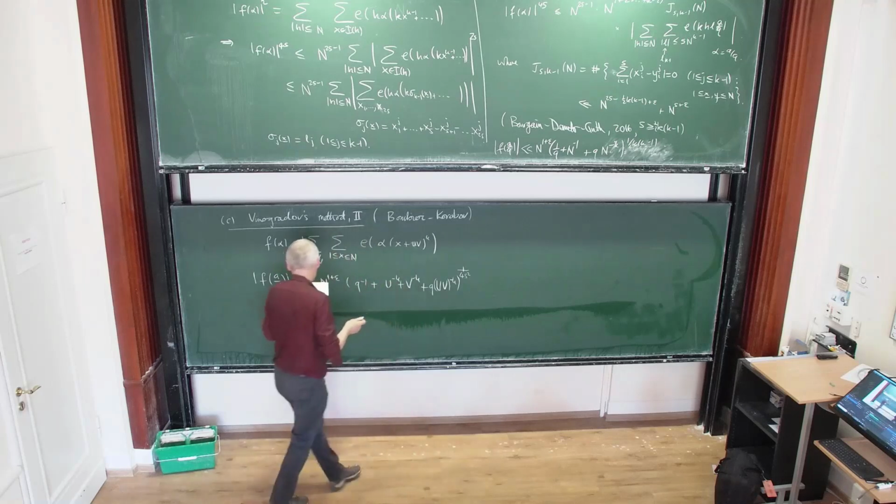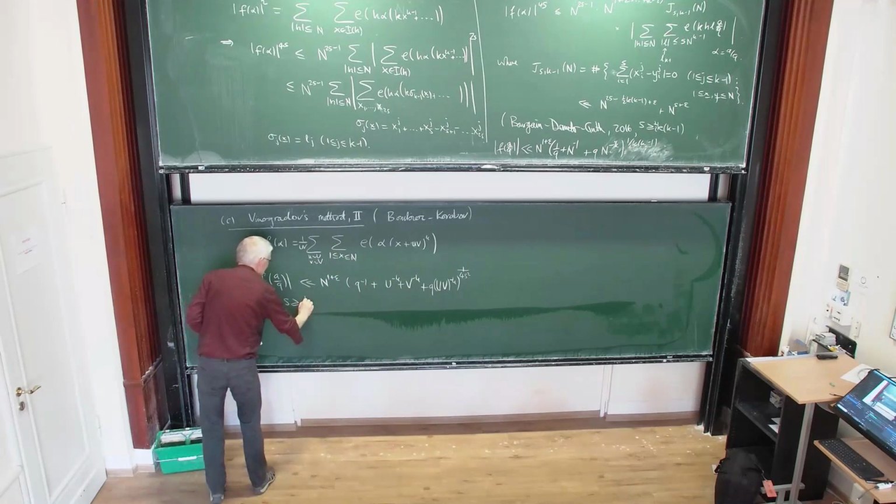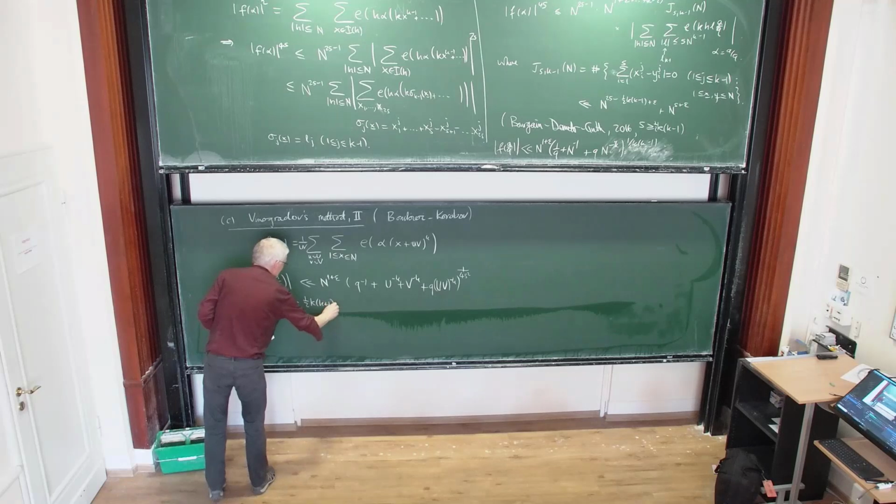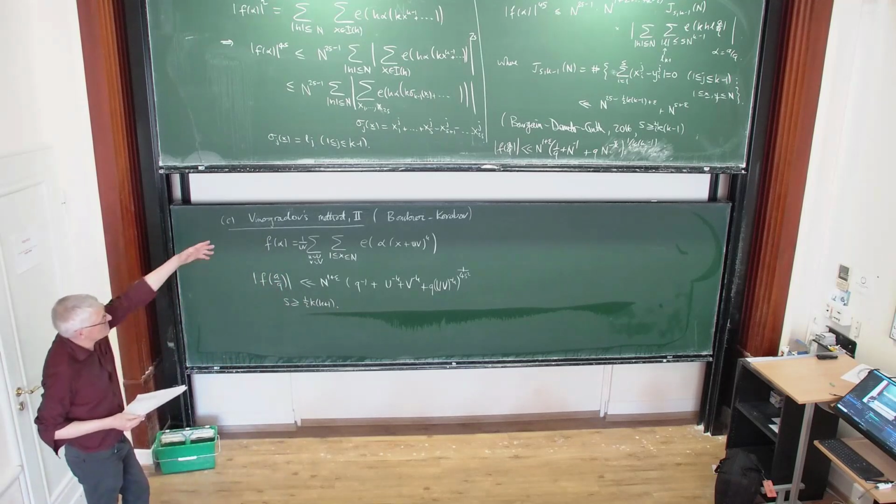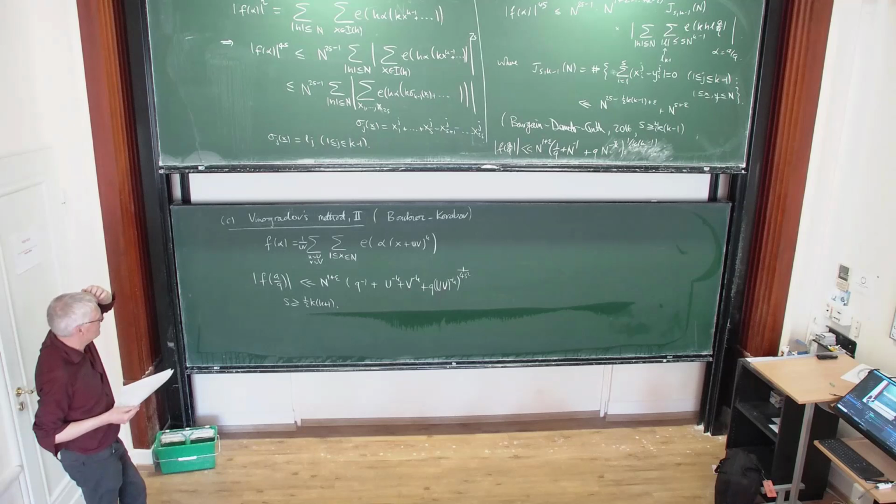As soon as s is big enough that you are able to control the mean values of exponential sums, things like the Vinogradov mean value theorem.